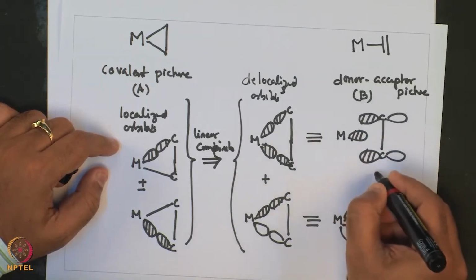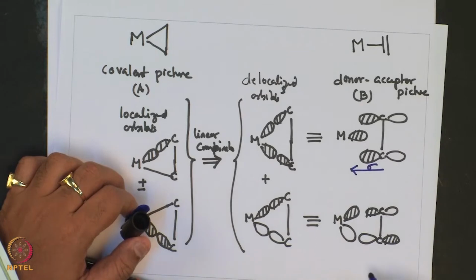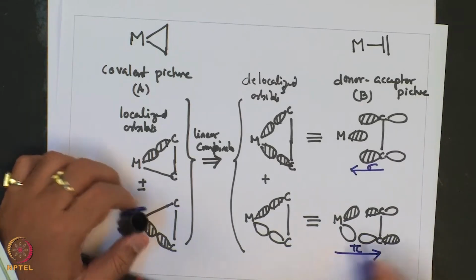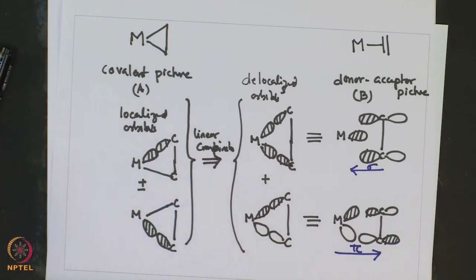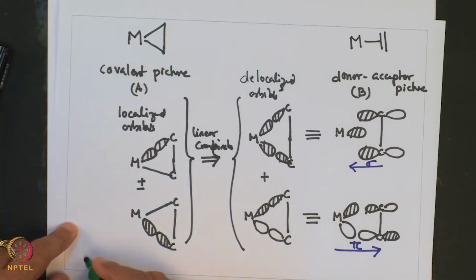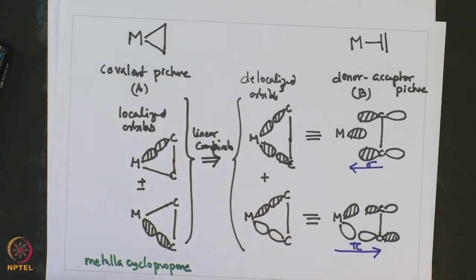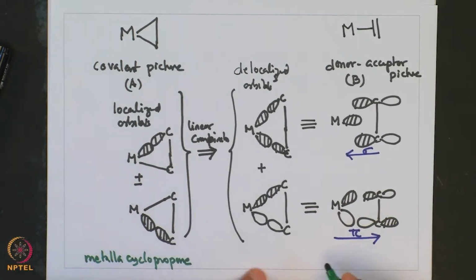So, in this case, this is designated as the sigma interaction and this is designated as the pi interaction. Now, this left hand side where there is a cyclopropane ring is called the metallocyclopropane description. And where there is the donor acceptor model of a simple olefin complex, this is called the Dewar-Chatt-Duncanson model.